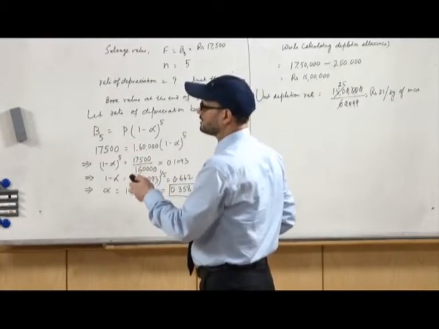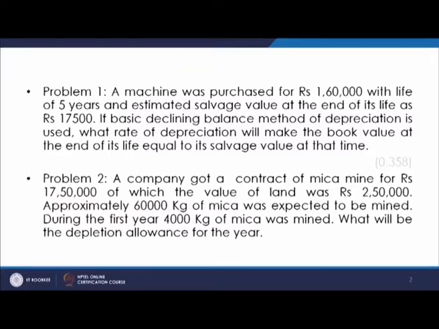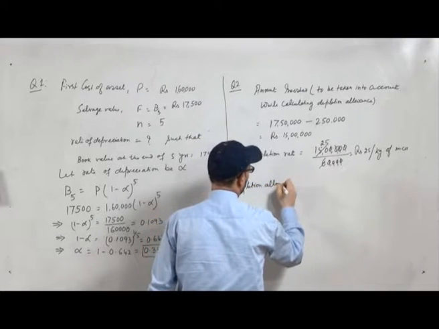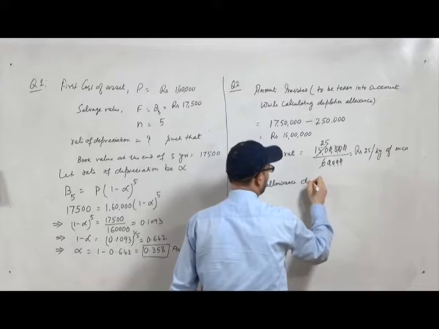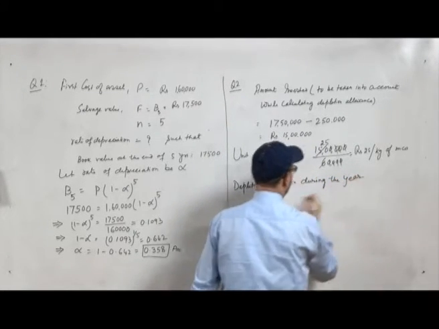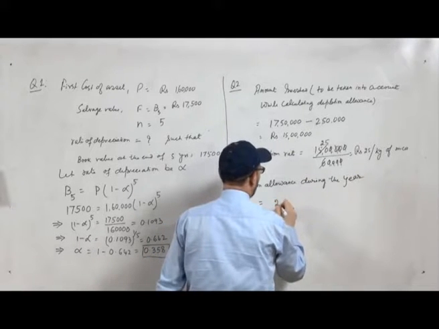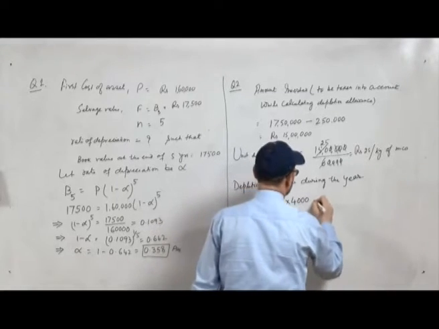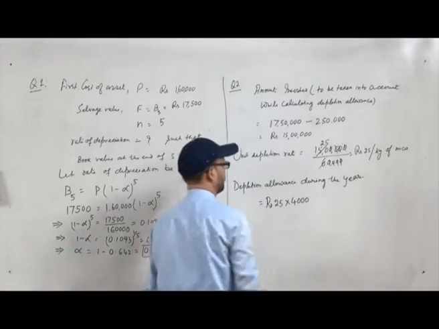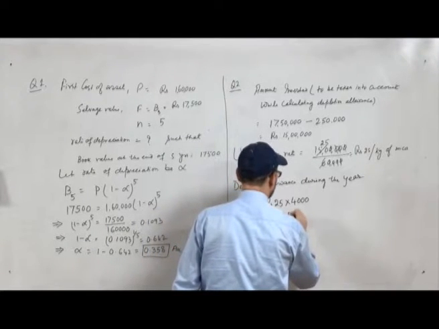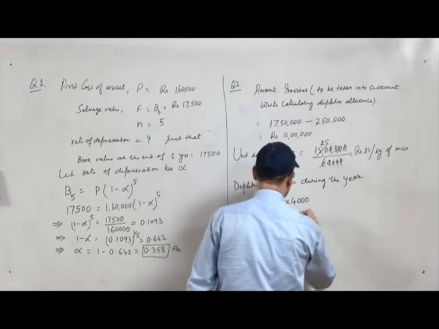Now, it has mined 4,000 kg of mica. So, the depletion allowance during the year will be 25 multiplied by 4,000 rupees, so it will be rupees 1 lakh.